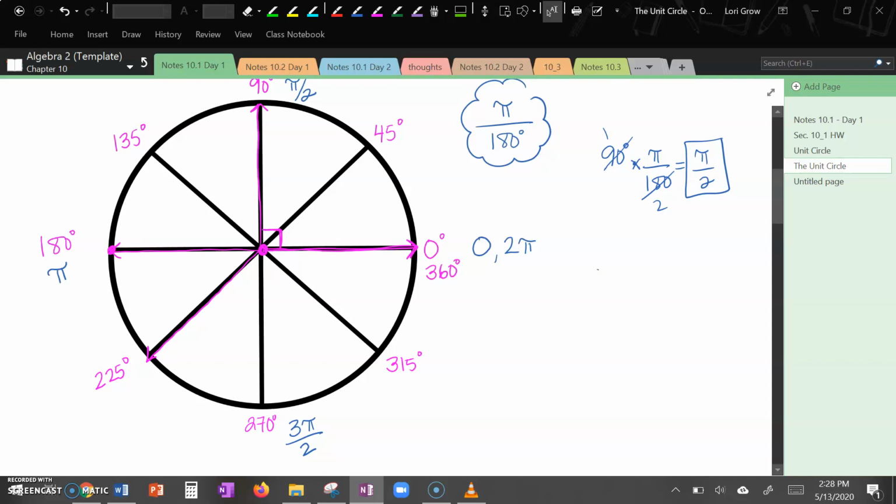Okay, now let's think about this circle as cut into eighths, right? Half of a circle is pi. So if I just look at this top portion, this is considered pi. This must be a fourth of pi, okay? An eighth of 2 pi or a fourth of 1 pi.